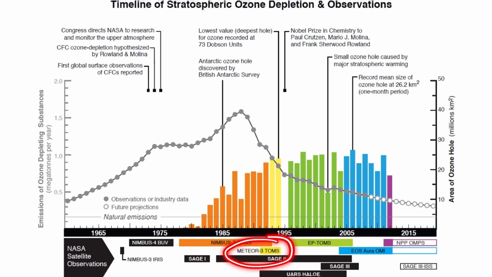So Meteor 3 TOMS is actually the platform on which this TOMS Nimbus 7 was placed. The historical record of ozone depleting substances provided by the NASA instruments shows the slowing of the depletion after emissions of ozone depleting substances were reduced.